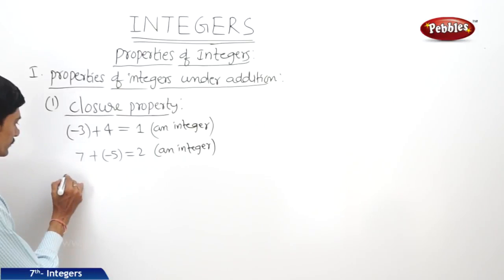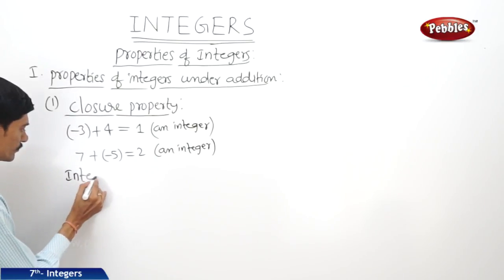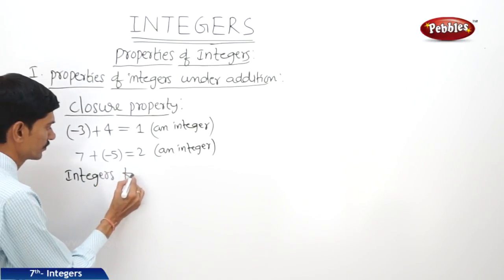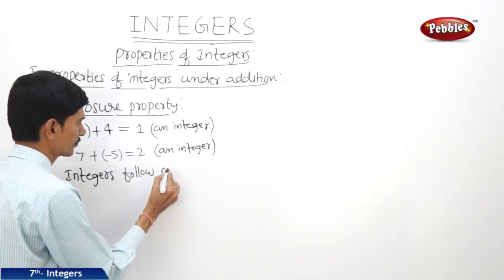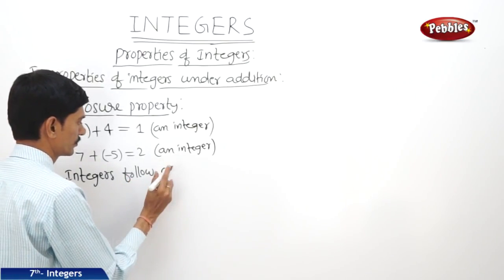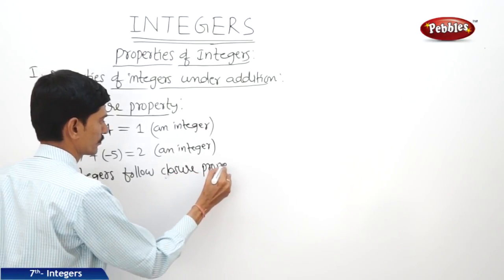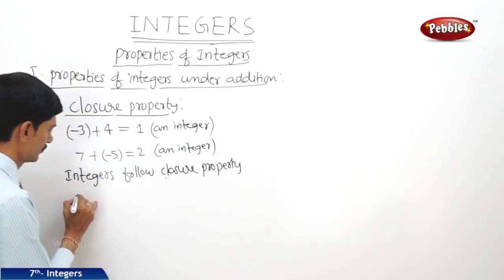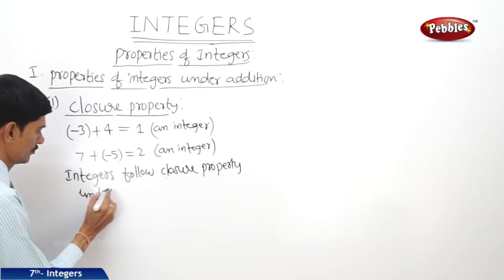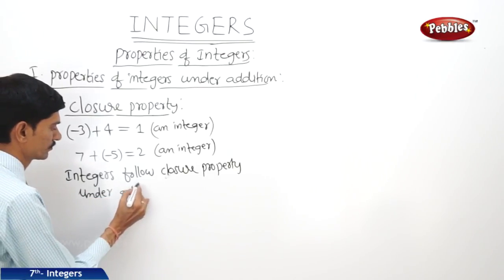So we can write: integers follow closure property under addition.